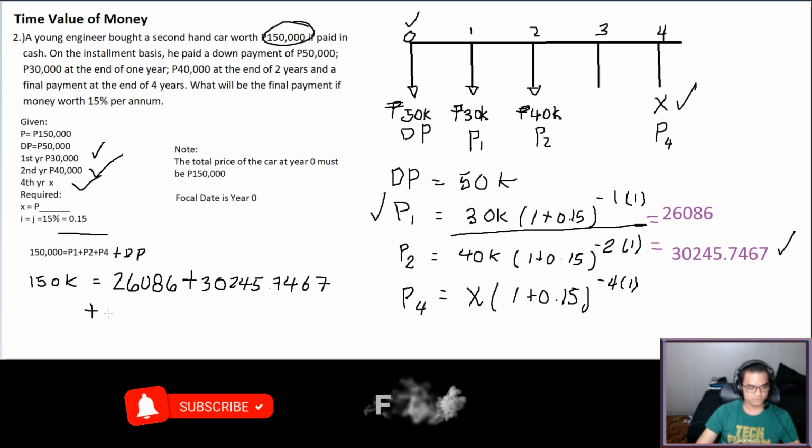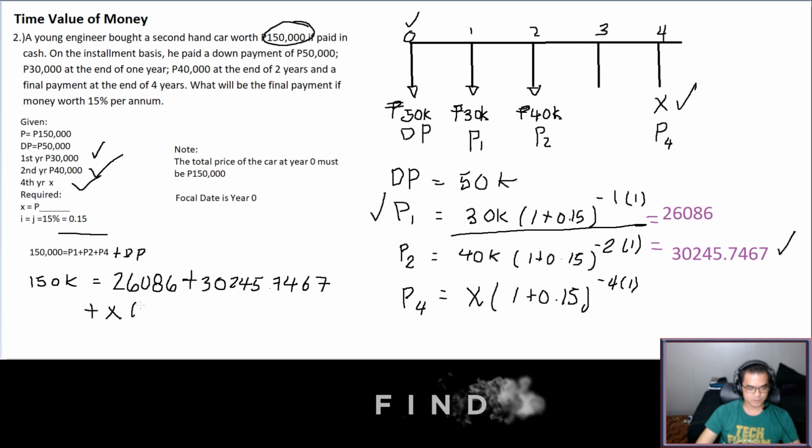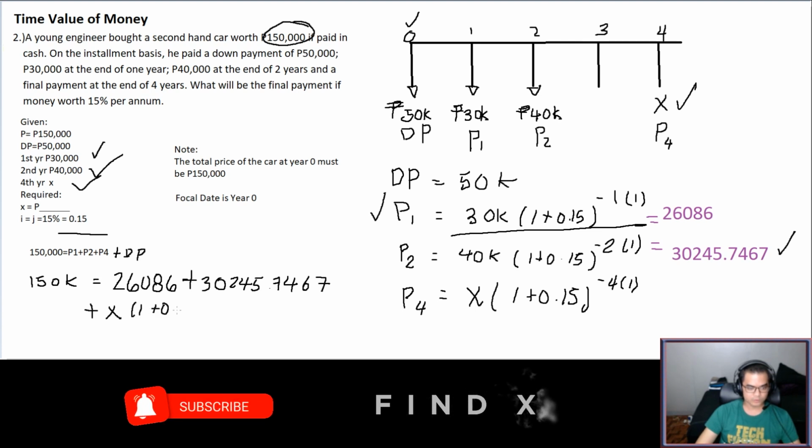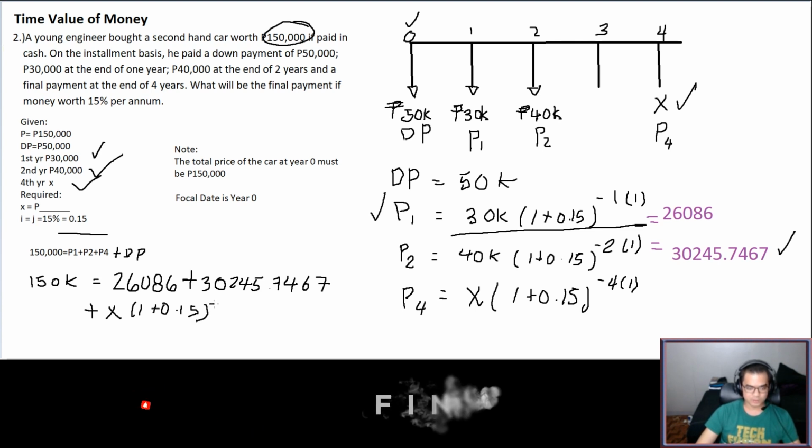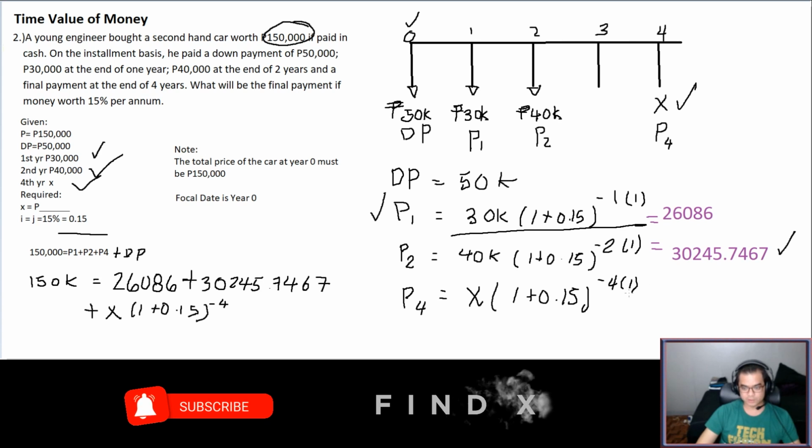Value of P4 is x times 1 plus 0.15. You can also make it just 1.15 to make it simpler, raised to negative 4. I will no longer write the value of the 1. And then plus the down payment of 50,000.